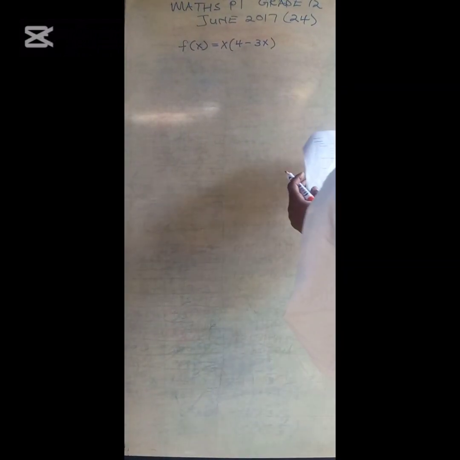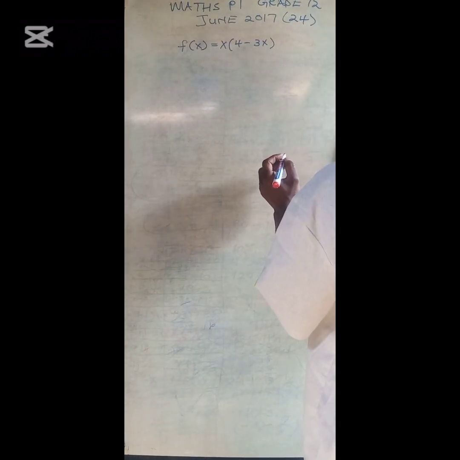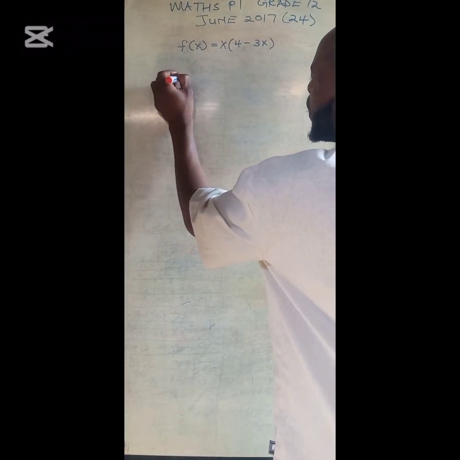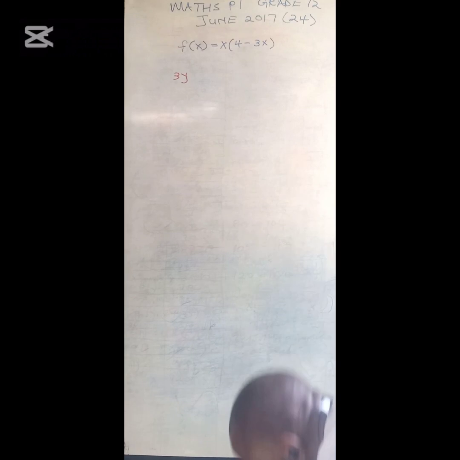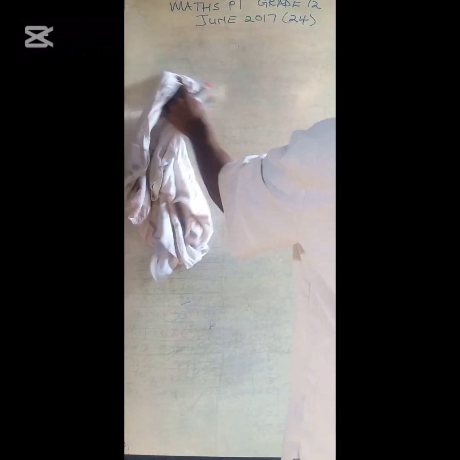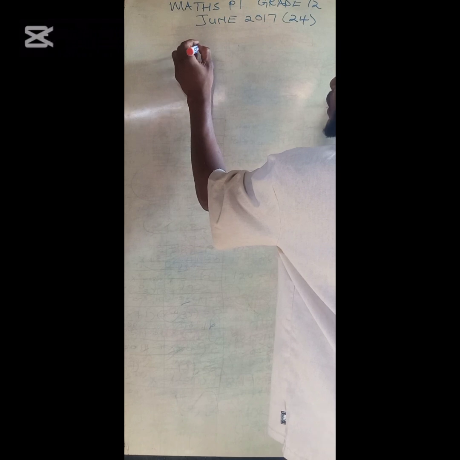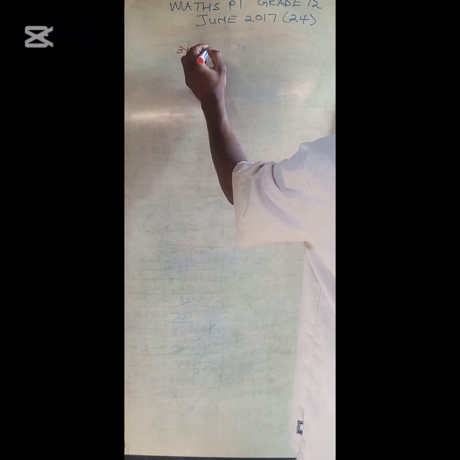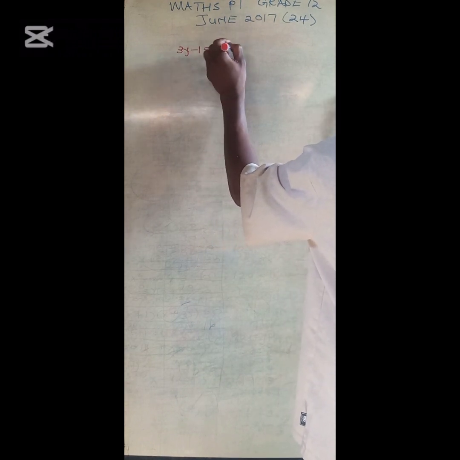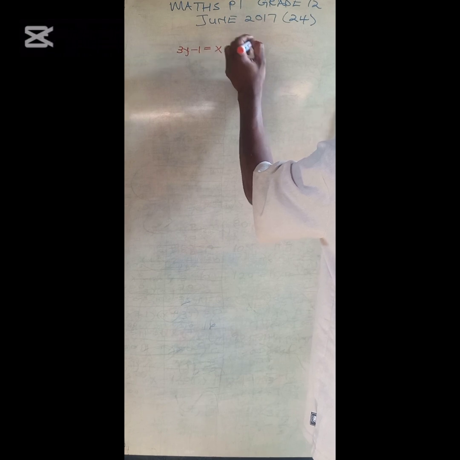I like this one. It pushes us to the next level. Okay, so it was a simultaneous equation. Given 3y minus 1 is equal to x plus x squared.